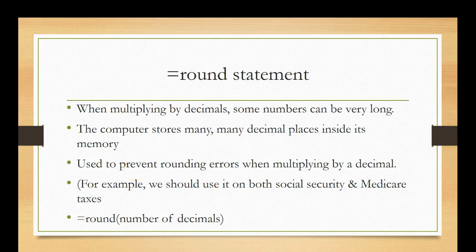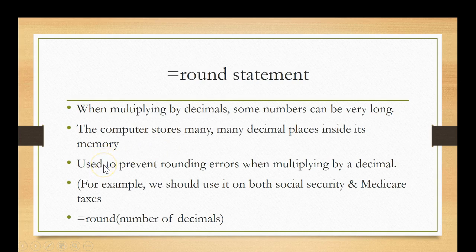The round statement was developed to prevent errors from rounding to accumulate in totals and having totals be off by a few dollars. It's useful when you're multiplying by decimals. Some numbers can be very long. What happens is the computer stores many decimal places inside its memory in the Excel program.